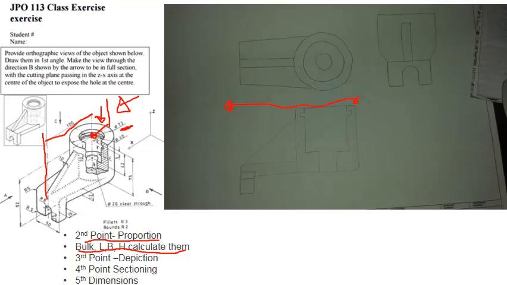So that length should be basically 100 plus 72, which is the diameter, divided by 2. And that will give you an overall length of about 136.